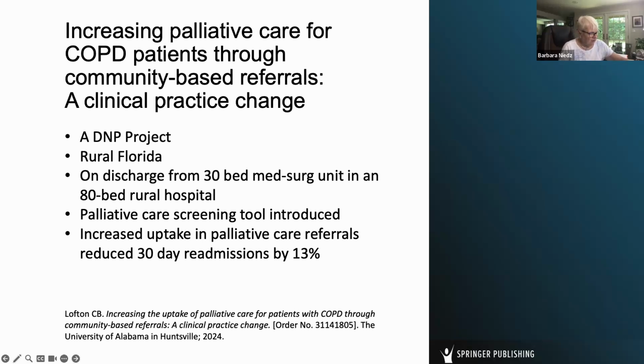And in this project, there was also a very specific goals of care conversation that was available for documentation, once again, in the electronic health record. And they found that process to be successful.